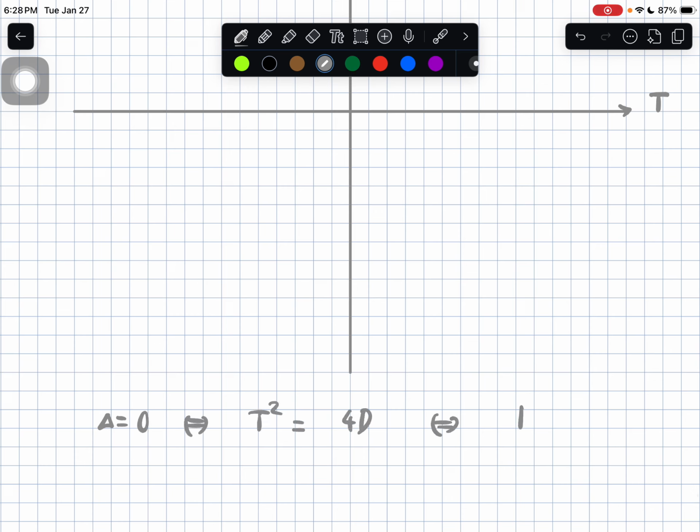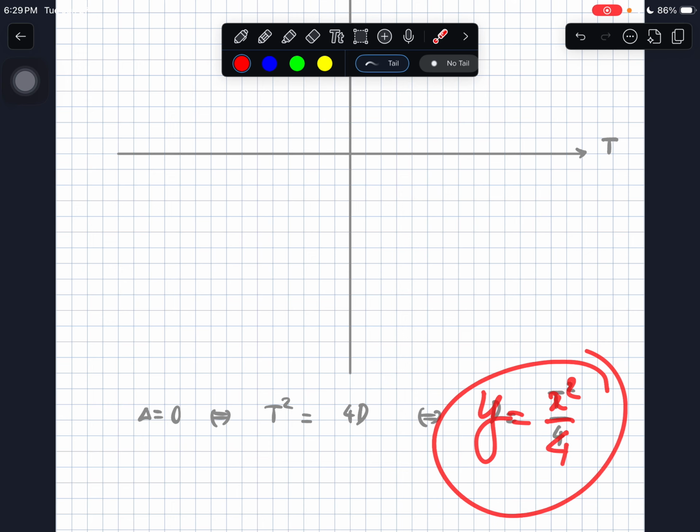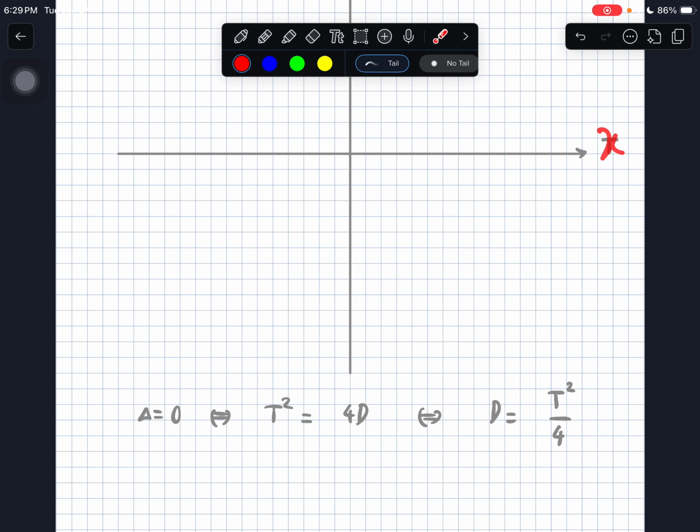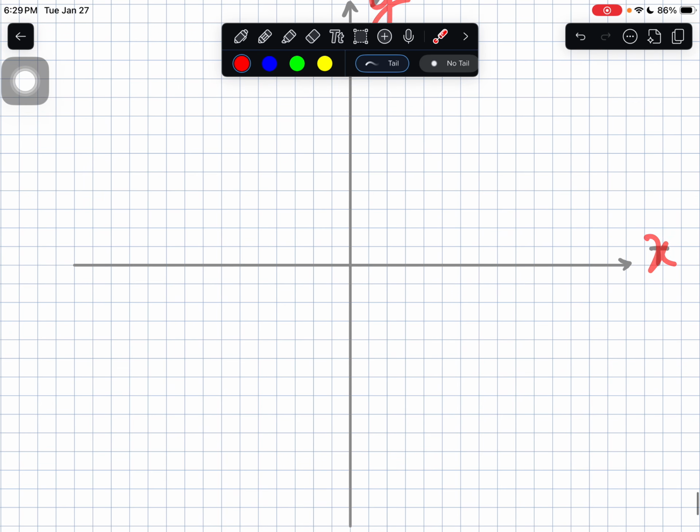Or in the usual form, D equals T squared divided by 4. So it's like y equals x squared divided by 4. It is a parabola.